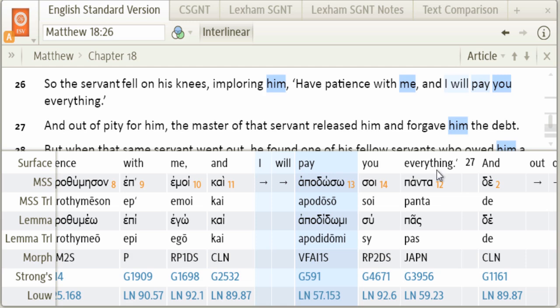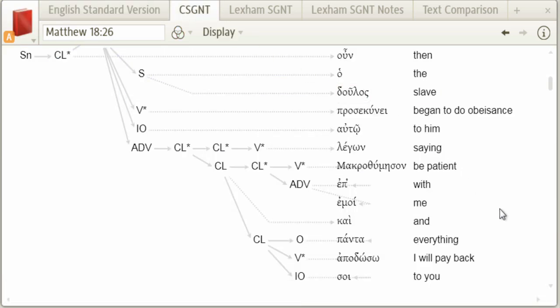You can see the annotations of indirect object and direct object in two other resources. First, the Cascadia syntax graphs of the New Testament. Here, panta, which is translated everything, is labeled O for object. Apodoso is labeled verb, which is translated I will pay back. And finally, we have that pronoun, soi, which is translated you, labeled as the indirect object.